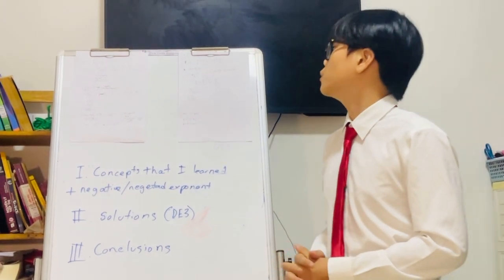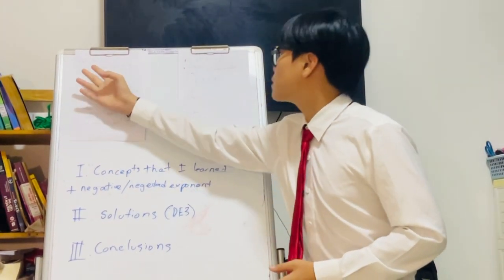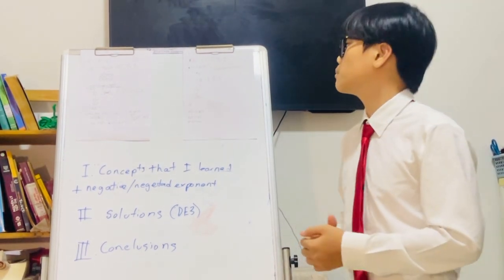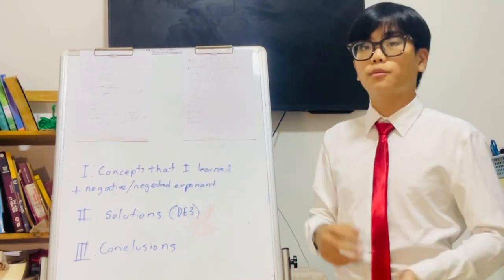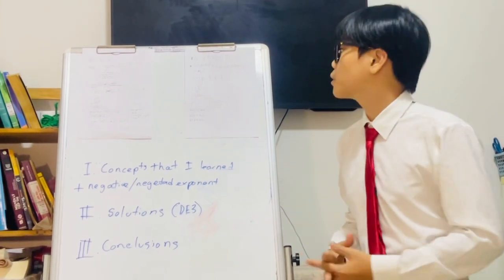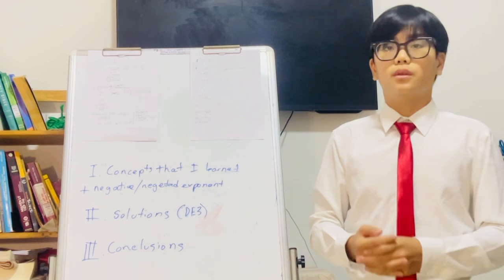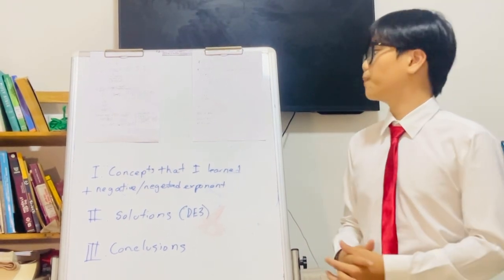For question 2, 4/9 with the negated exponent of 2, I switched it up to 9/4 squared, which equals 9 squared over 4 squared, equaling 81 over 16.